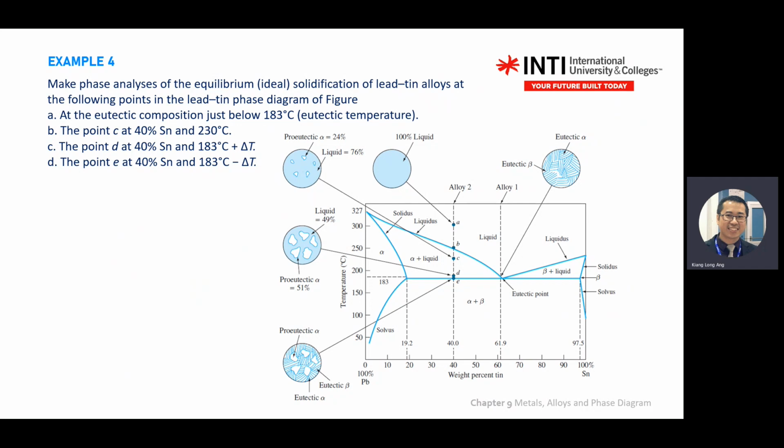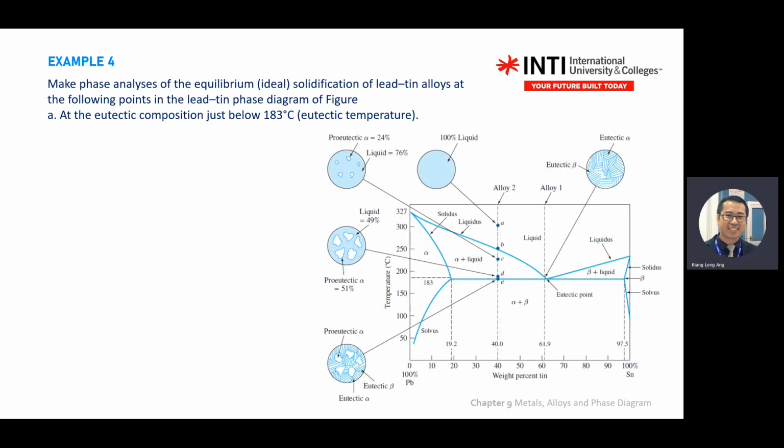Following the points of the diagram, you try to find where is the eutectic temperature, phase analysis. The point C at 40 percent Sn and so on, point D, point E. So what does this question want to tell you? I want you to find, at the eutectic point, just below 183, it is here.